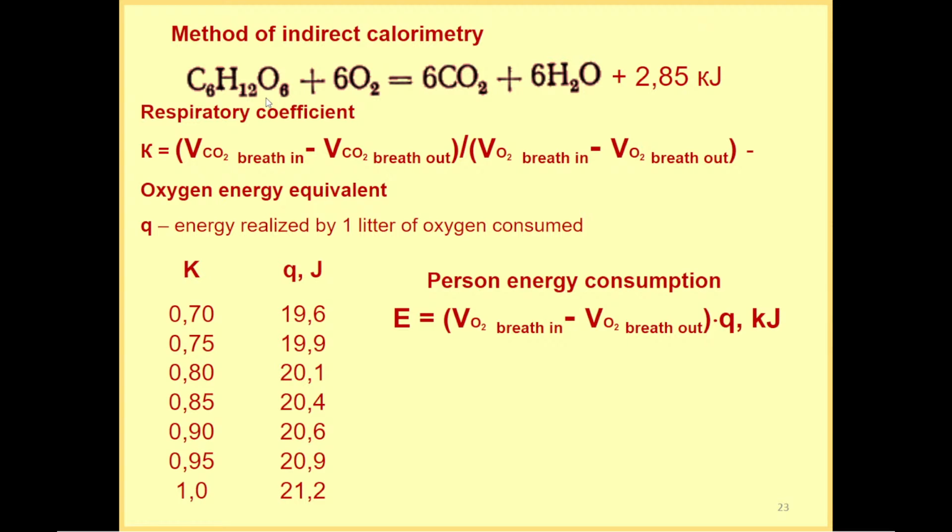The major fuel food is glucose, and to oxidize 1 mole of glucose, 6 moles of oxygen are required. The products of this chemical reaction of oxidation are 6 moles of carbon dioxide and 6 moles of water.